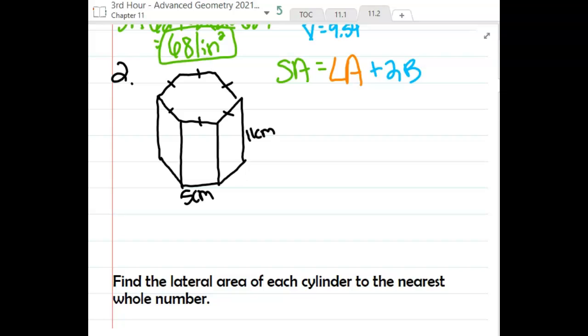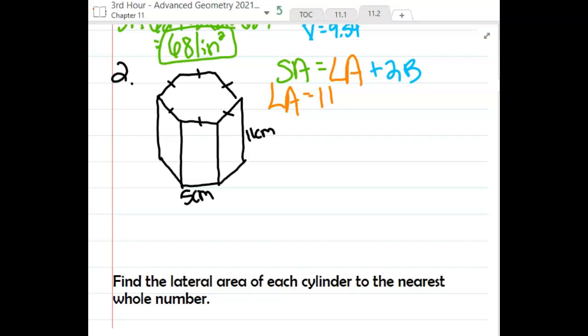Now remember, even though this is a hexagon that has a base, to find the lateral area, it's as if you were to unroll this and you're going to have these 6 rectangles side by side. The height of those 6 rectangles would be 11.